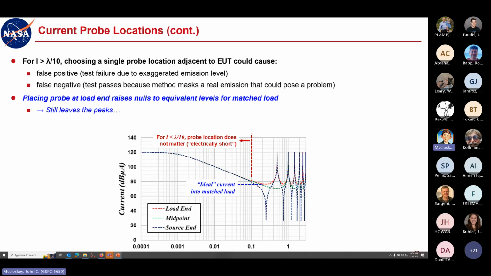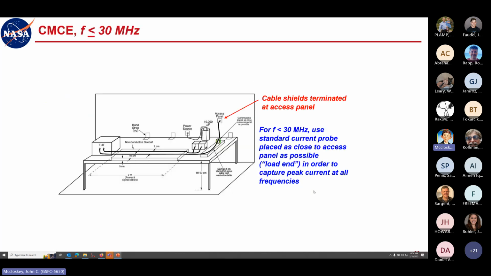So what that means is that this pattern of peaks and valleys that you get in your test configuration might be different from what you have in flight. And there's not much you can really do about that. If you're building test cables before you're building flight cables, that's just the way it goes. You just need to be aware of that difference or limitation.